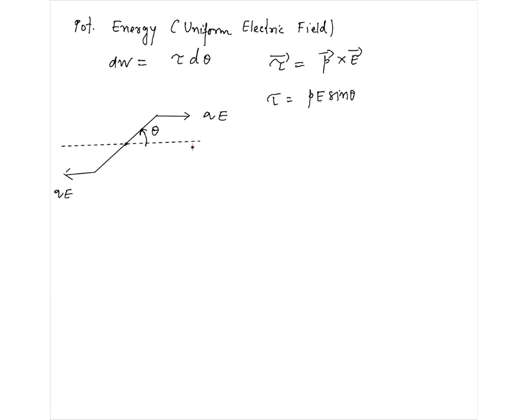Had the dipole been here, QE and QE would not have turned it. With respect to that position, let me consider theta angle. These two forces are trying to turn it clockwise.